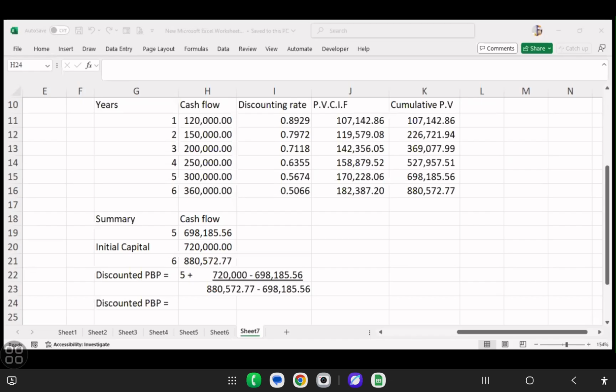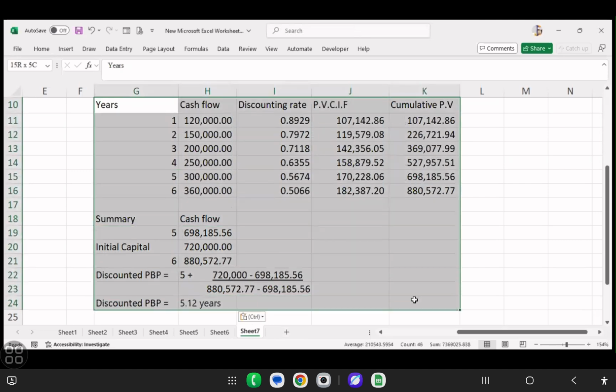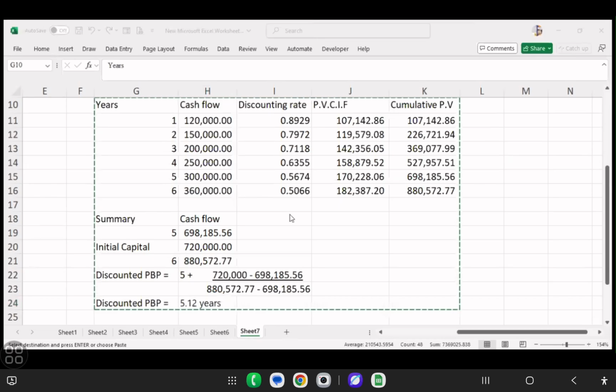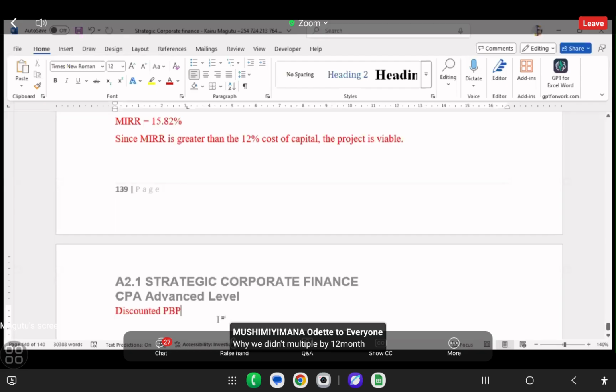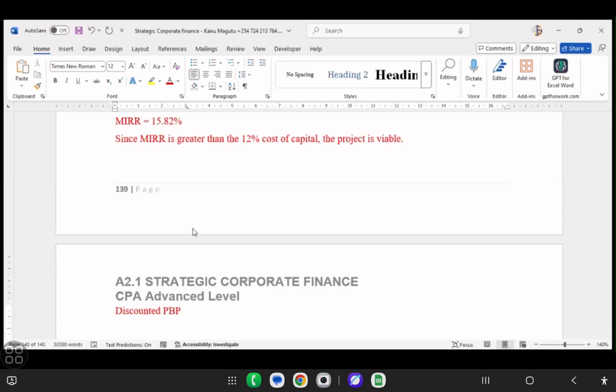So let me assume that that is correct, and I'll put it here, 5.12 years. Then I can pick it here and take it to our Word document. I hope you can see my screen. This gives me the discounted PBP.